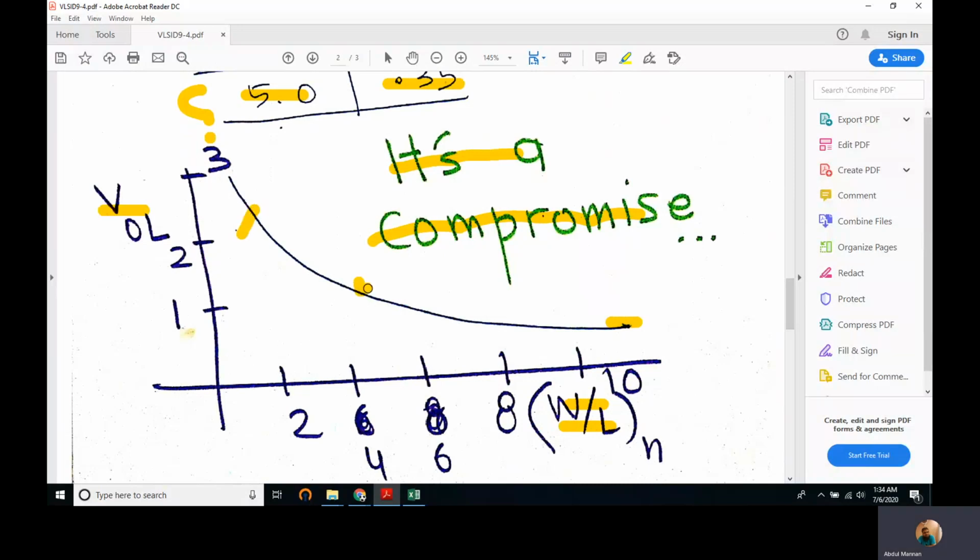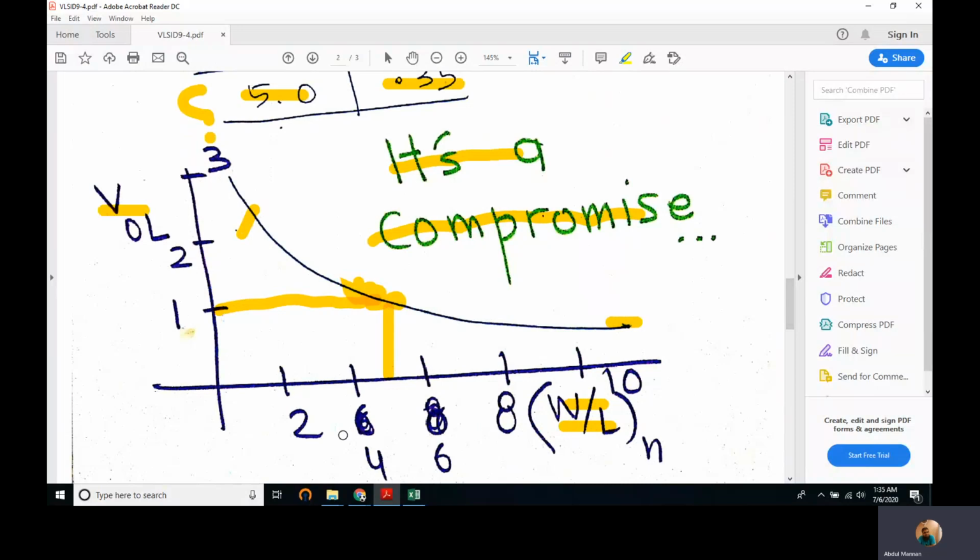So we have to make a compromise somewhere in between, with a moderate VOL and a moderate aspect ratio of N. We cannot get both goods at the same time.